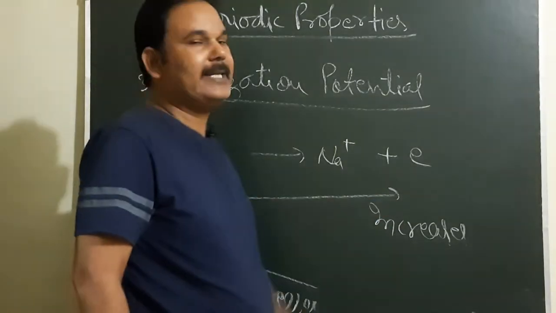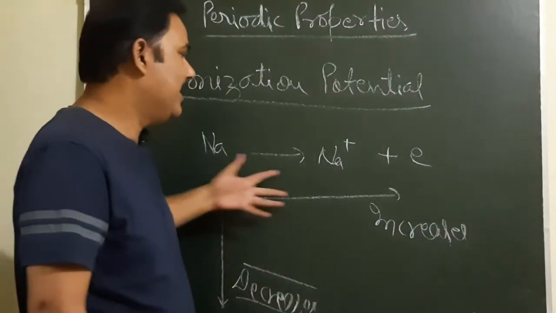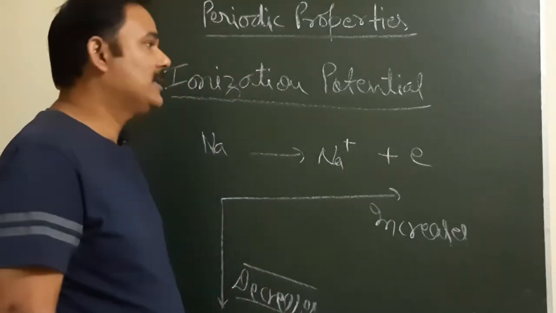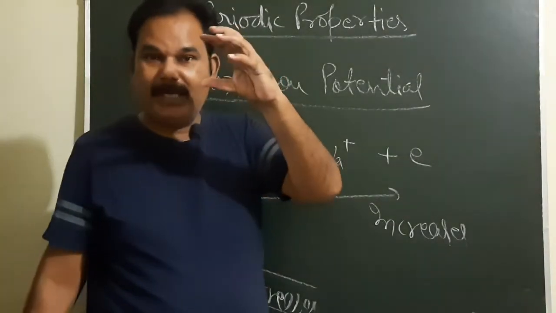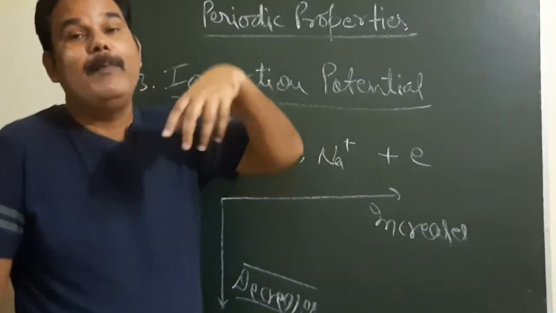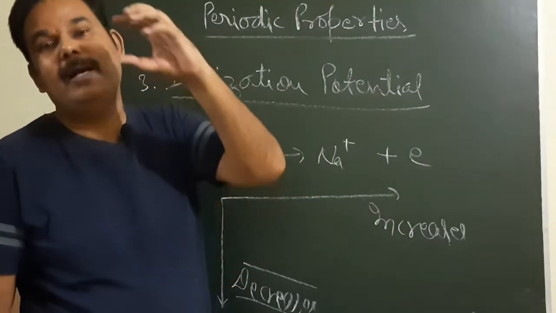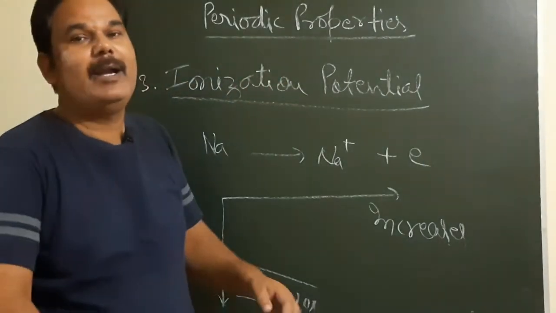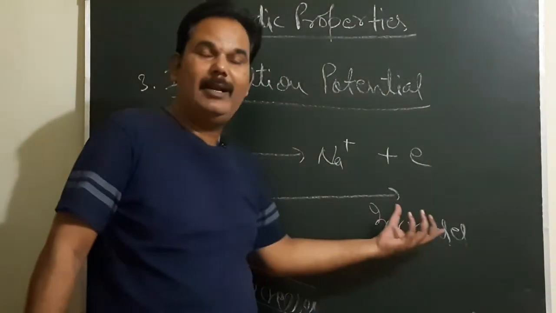It increases along the period from left to right because atomic size decreases. If the atomic size decreases, there will be more attraction between the electrons and the protons. Therefore, more energy is required to take out the electron, so it increases.